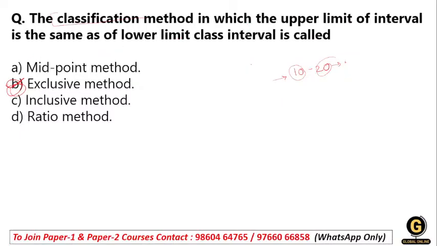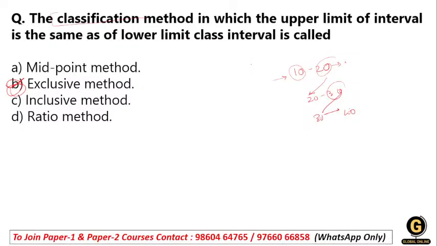Here you can see 20 is exclusive, not inclusive, because we continue with 20 to 30, then 30 to 40. If we follow this kind of range, it is called the exclusive method.